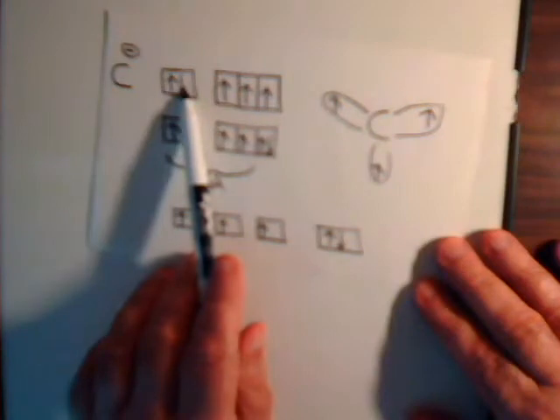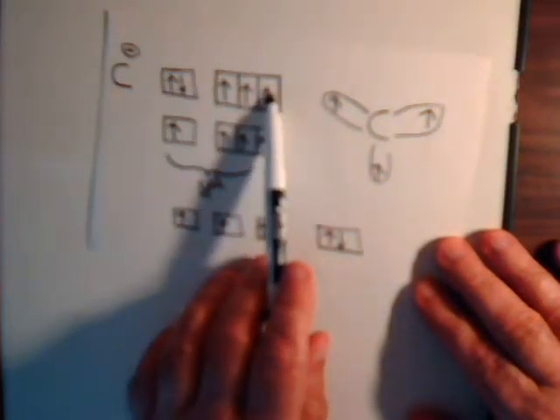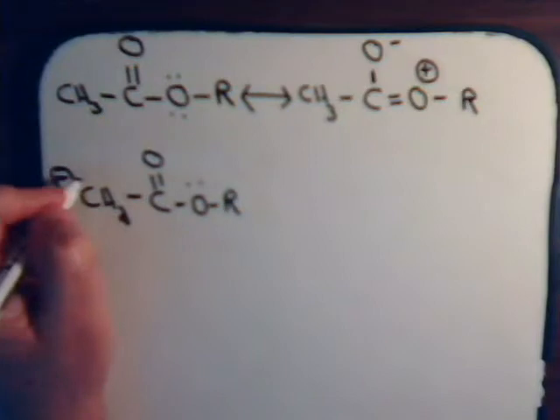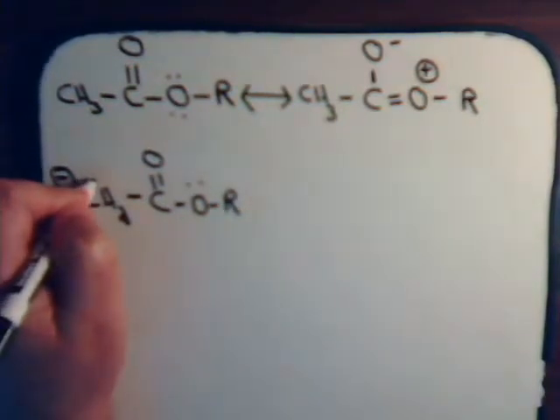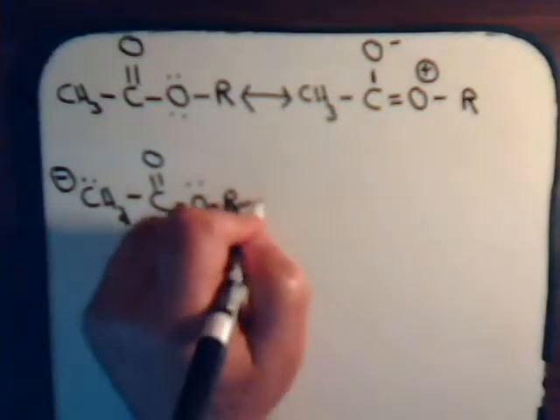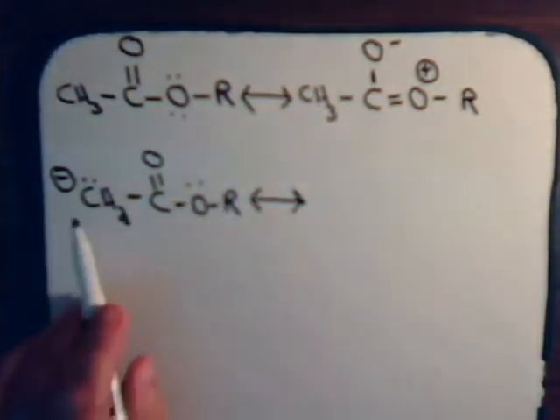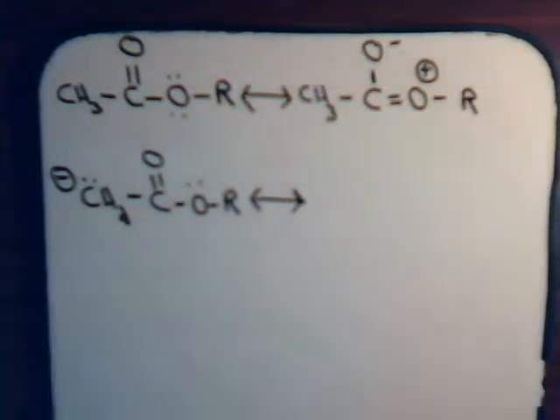Now it takes energy to promote, of course, from the s to the p orbital, but when that's done, that means carbon has a lone pair of pi electrons, so we can have some resonance stabilization of this carbanion.